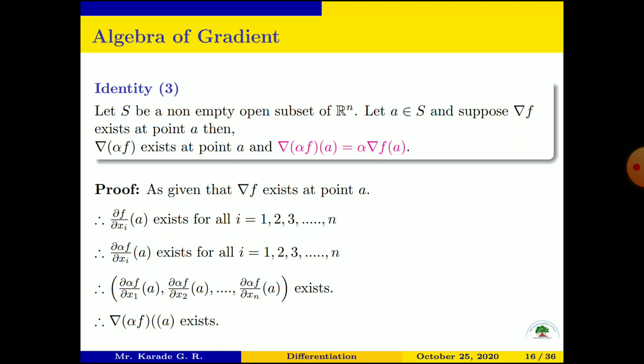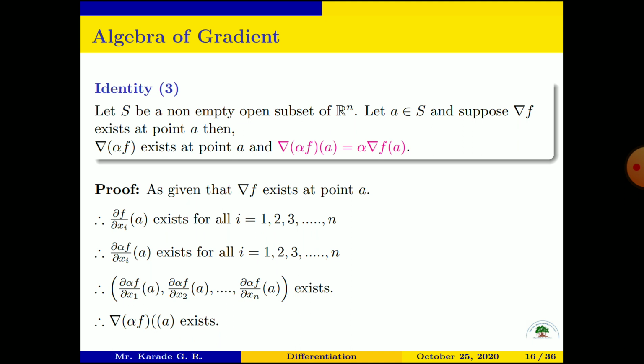Therefore, if we make a vector by taking these partial derivatives as components, then we have a vector with n components: dou alpha f by dou x1, dou alpha f by dou x2, dot dot dot, dou alpha f by dou xn.